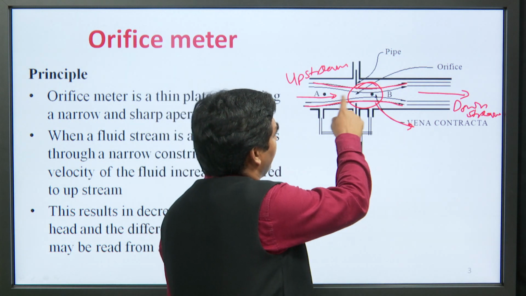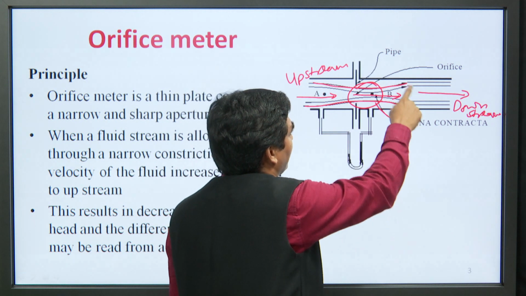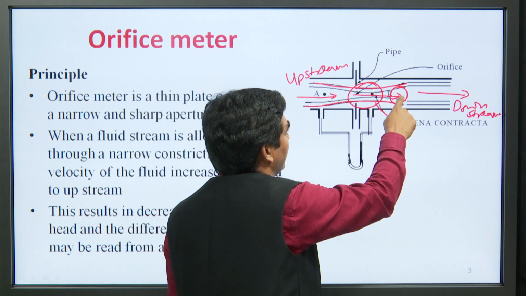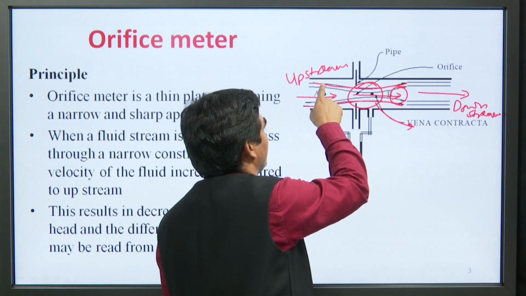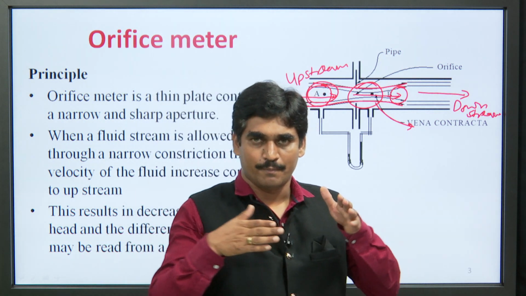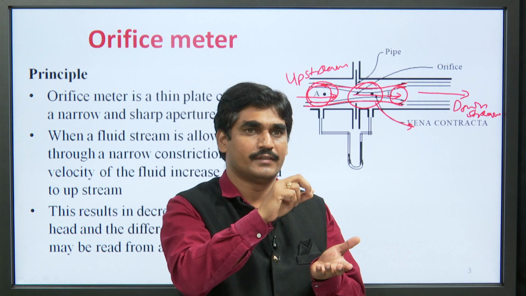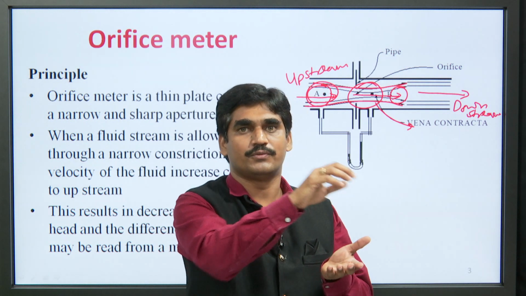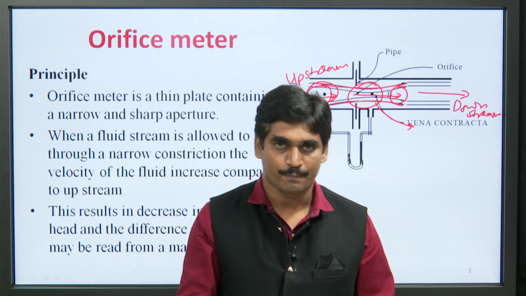So, when this fluid is passed through this point B, the velocity of fluid at this point is higher as compared to velocity of fluid at this point, because since it is passing through the narrow aperture, the diameter is very less. So, the fluid will move with a very high velocity.